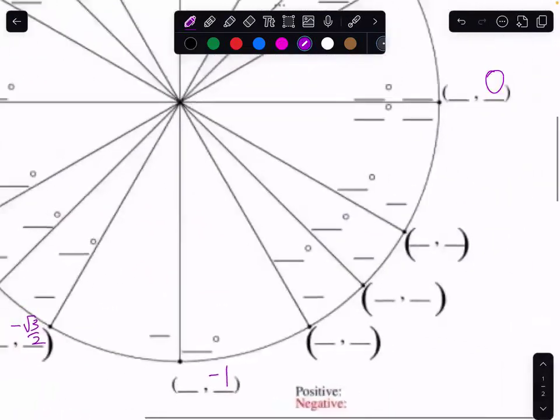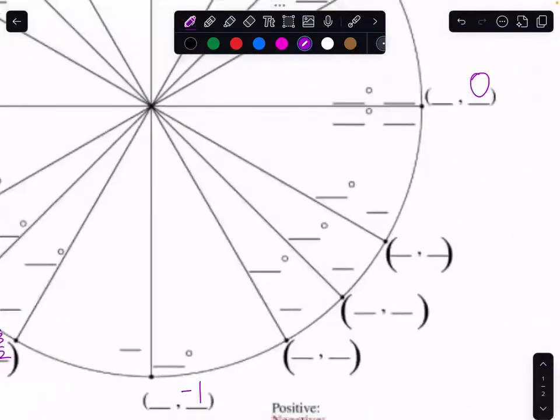Okay, and then over on quadrant 4, now you're sort of bouncing back up to 0. Okay, so this point is a little bit above negative 1, so negative radical 3 over 2. A little bit above negative radical 3 over 2 is negative radical 2 over 2. And then here is negative 1/2.